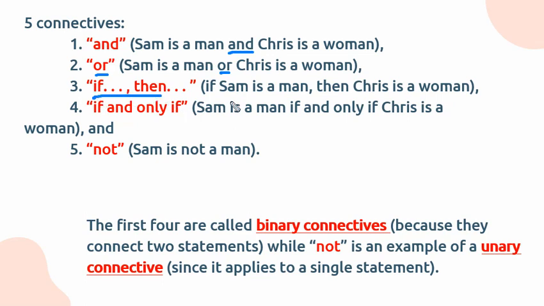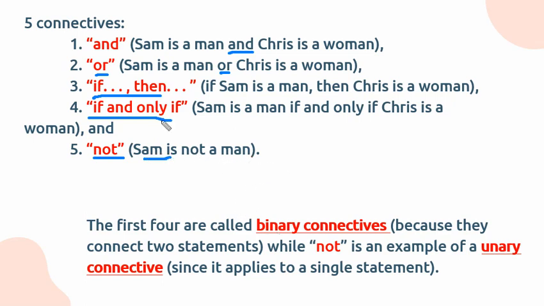And for "if and then", here is an example: if Sam is a man, then Chris is a woman. "If and only if": Sam is a man if and only if Chris is a woman. And for "not": Sam is not a man.